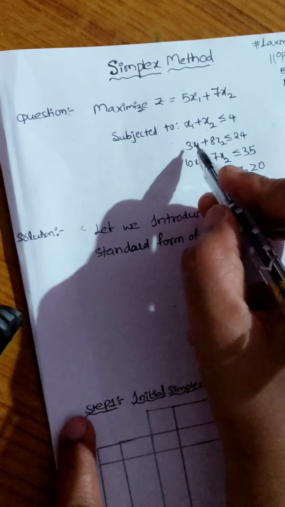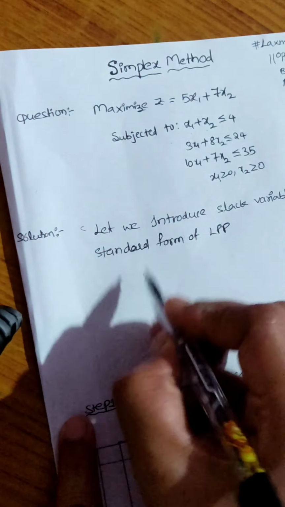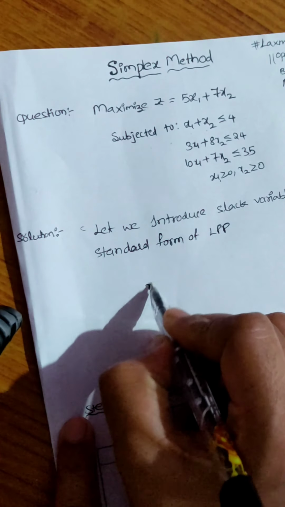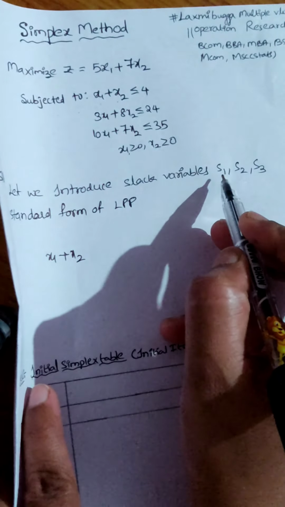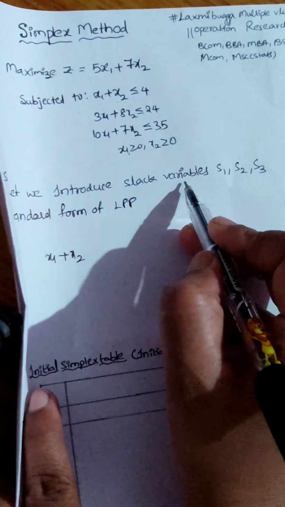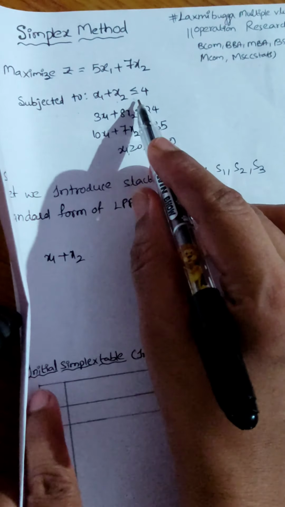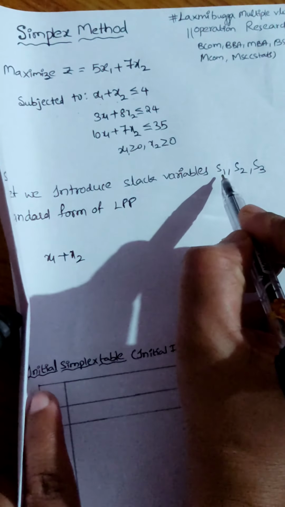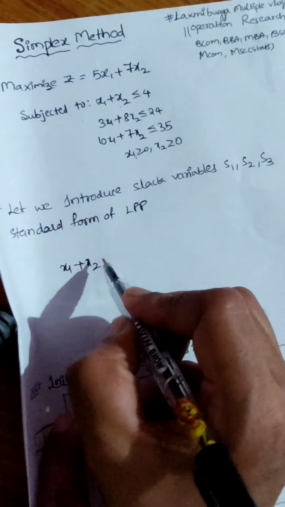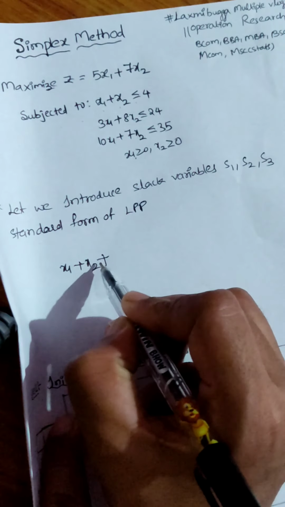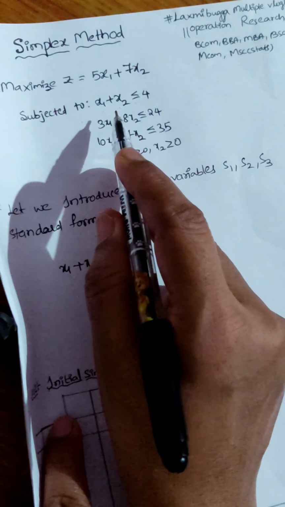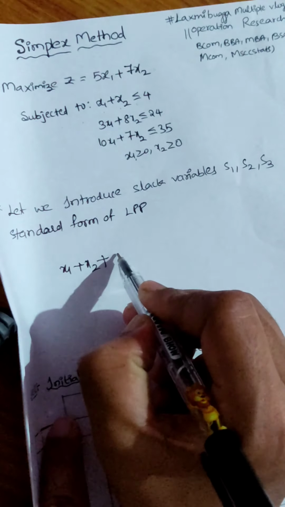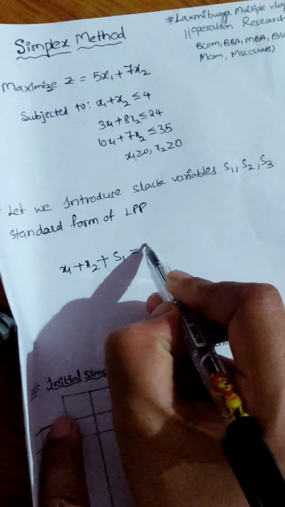First we have to rewrite the constraints, that is x1 plus x2 plus s1 equal to 4. Here s1 is a slack variable, which I am adding for the first constraint because it is less than or equal to type, converting the inequality into an equality.